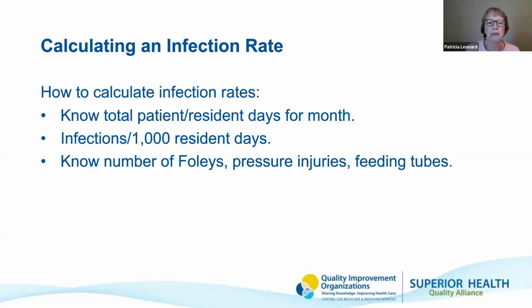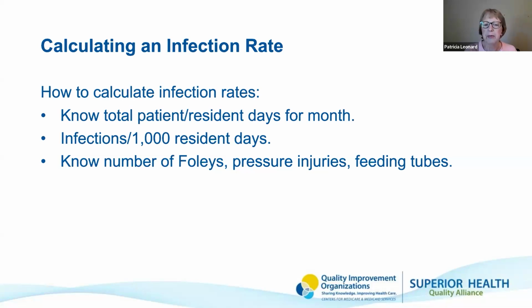And then if you had, for example, 8 urinary tract infections for that month, you would divide 8 by 3,000, then you would multiply it by 1,000. So 8 divided by 3,000 times 1,000 gives you a rate of 2.67 urinary tract infections per 1,000 resident days. And that's a fairly common way of calculating and comparing things.